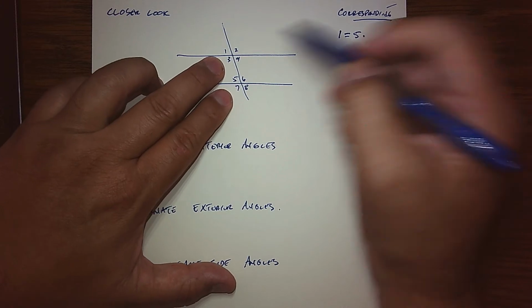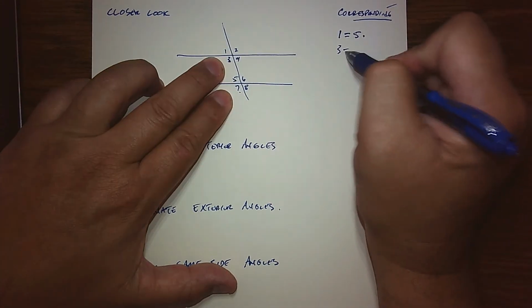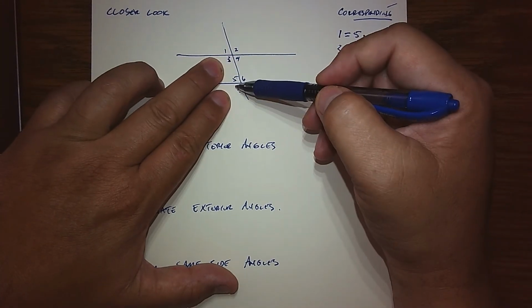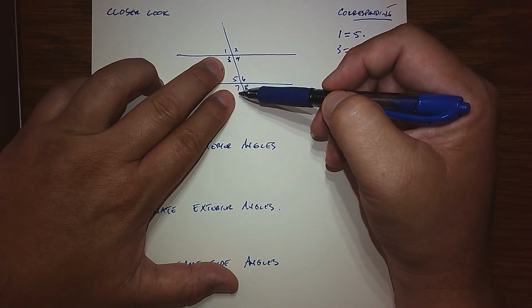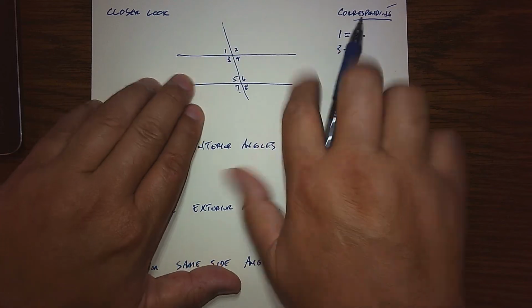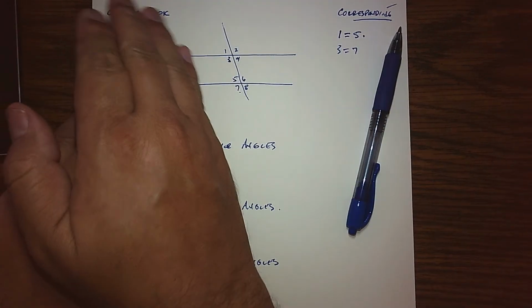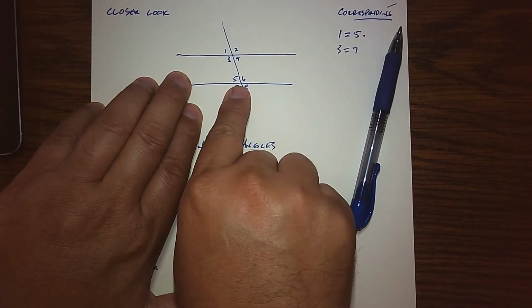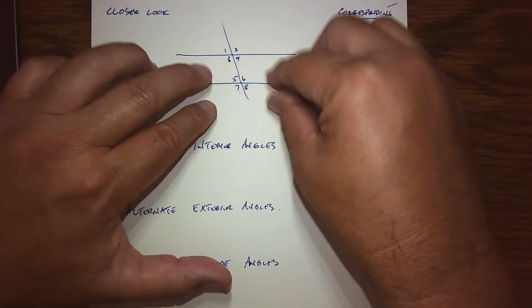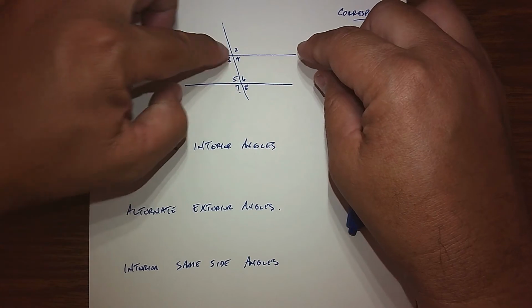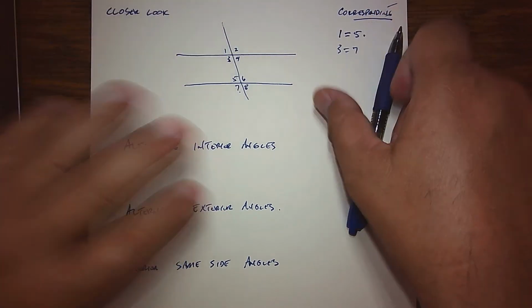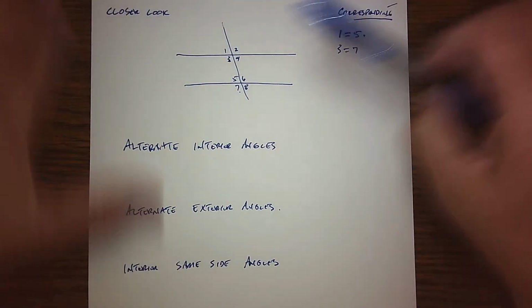If I stay on that side, 3 and 7 are also corresponding, and they are equal. So that's what we mean by corresponding angles. They're on the same side of the transversal, and they correspond to each other because the picture is essentially the same. If I put 1 on top of the other, 1 would be right on top of the 5, and 3 would be right on top of the 7, and they would be the same picture because of all the geometry going on.